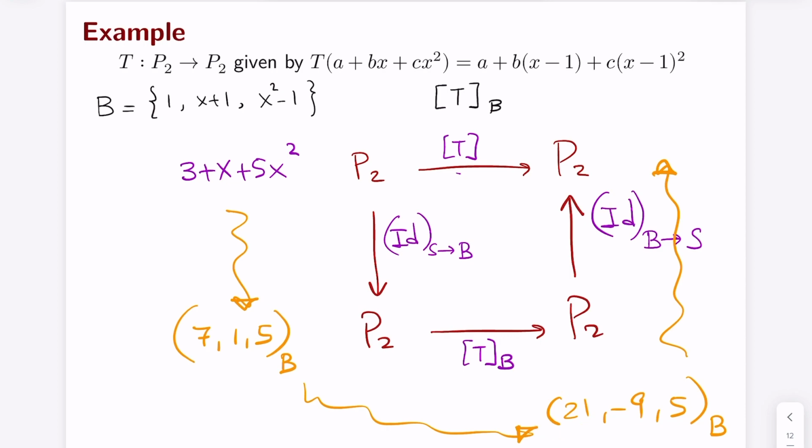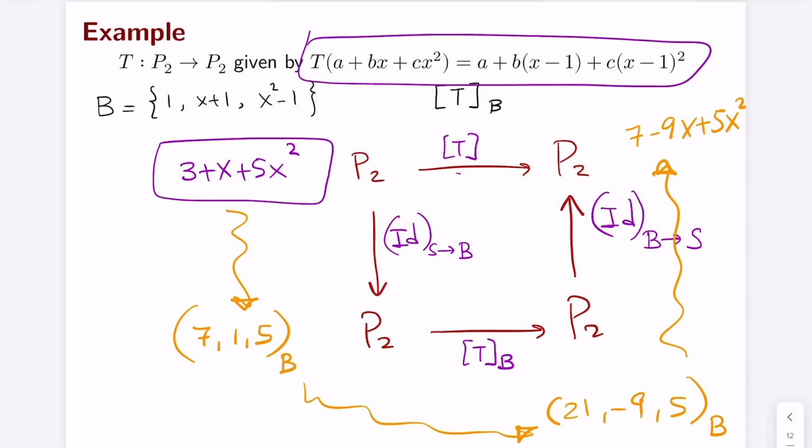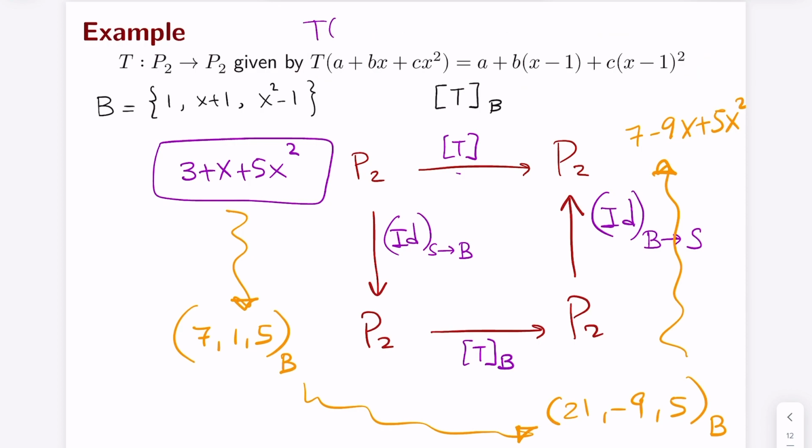If you do these operations, 21 times 1 plus minus 9 times x plus 1, etc., you will get that the polynomial is actually 7 minus 9x plus 5x squared. So now just check that the transform of this polynomial by this transformation, when you do T of this one, you obtain exactly this polynomial here. That is what we did before.